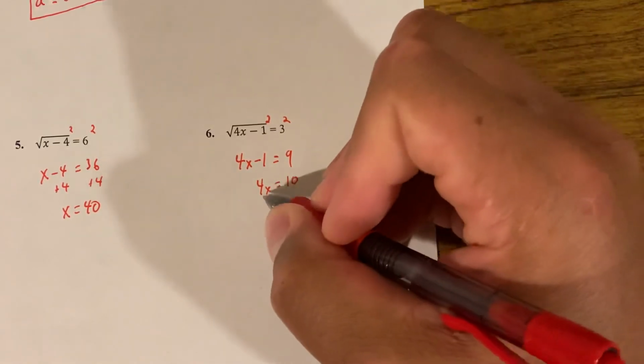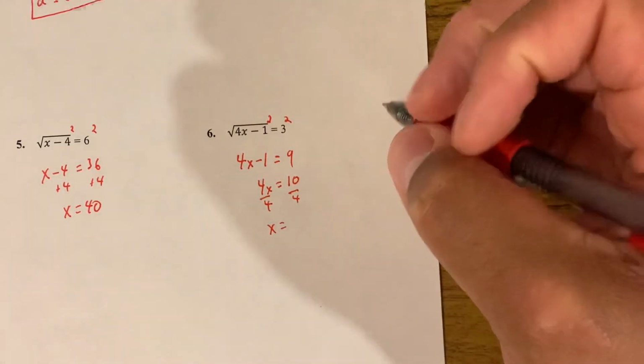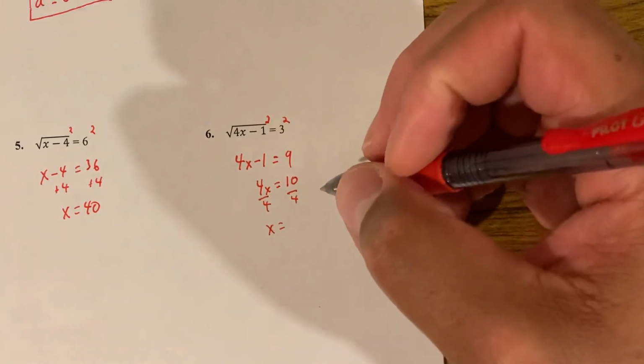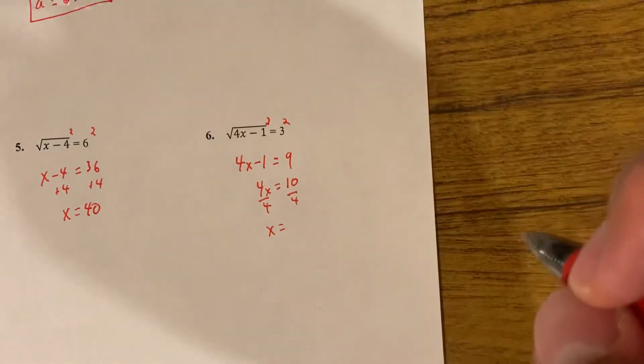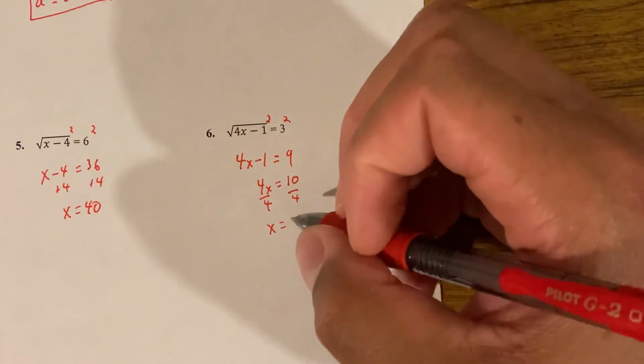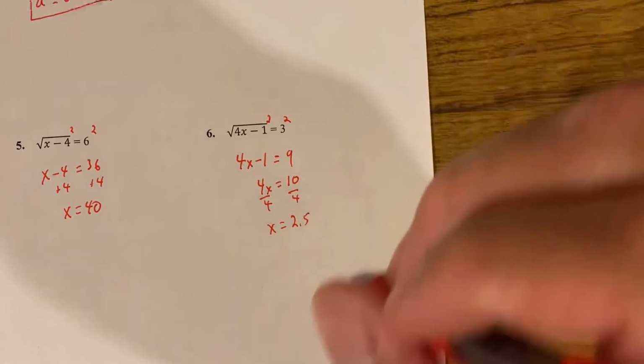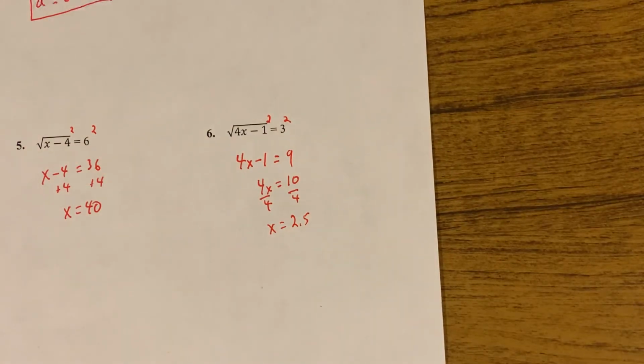Uh-oh. Divide by 4. So x equals, oh no, what's 10 divided by 4? Well, if you can reduce fractions, it's 5/2. If you can't, you type it in your calculator and you get 2.5. Are we going to be upset either way? No, we are not. We're going to be very happy.